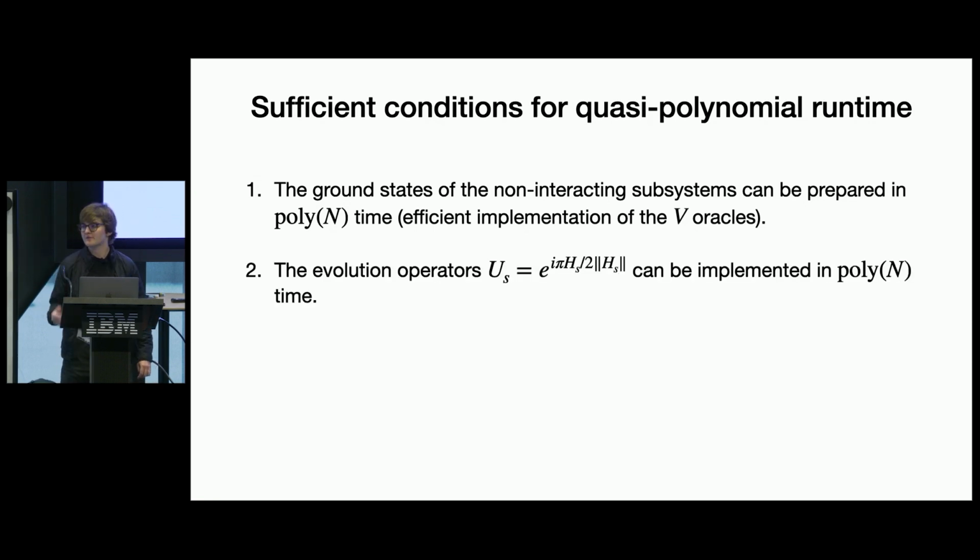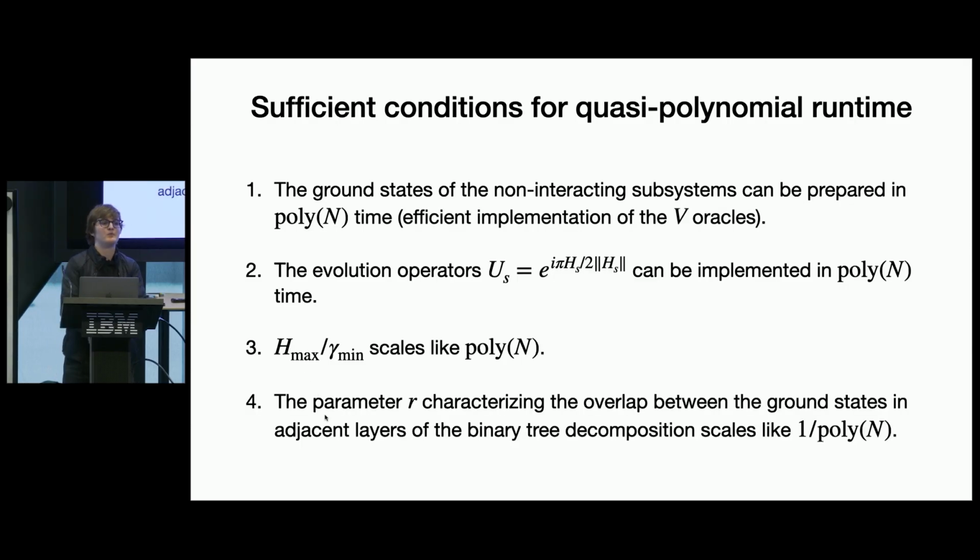Of course, the evolution operators also need to be implementable in poly n time. This resolution parameter also needs to scale like poly n. And then the key quantity is this parameter r, which needs to scale like 1 over poly n. Ideally, in the best case scenario, r is constant.